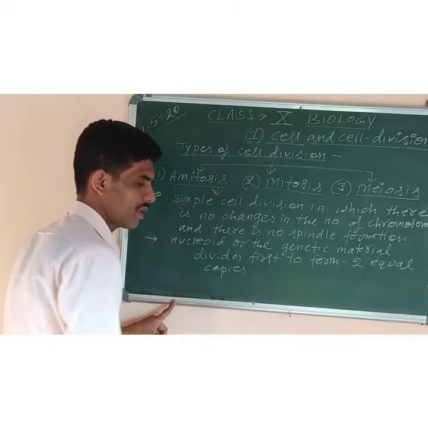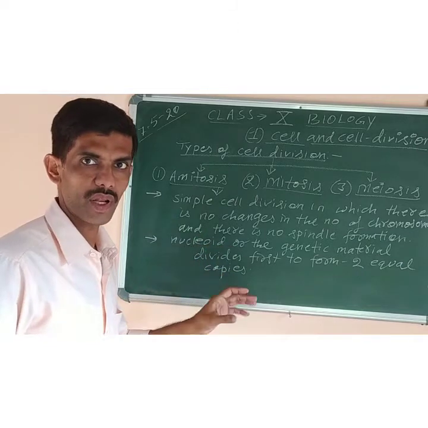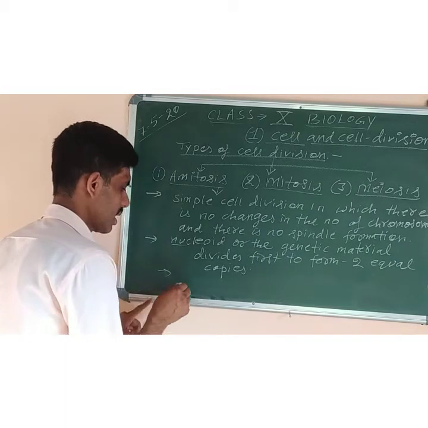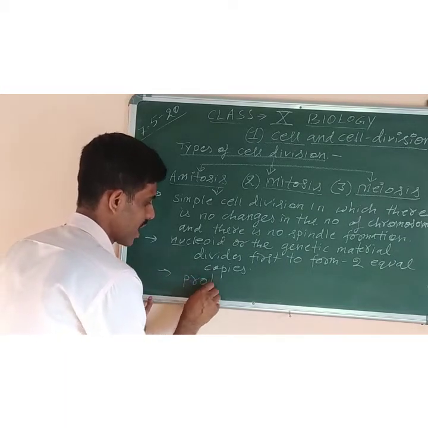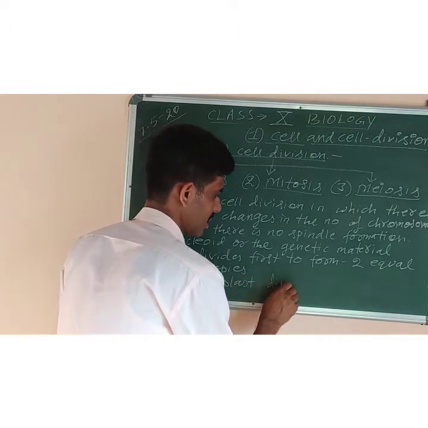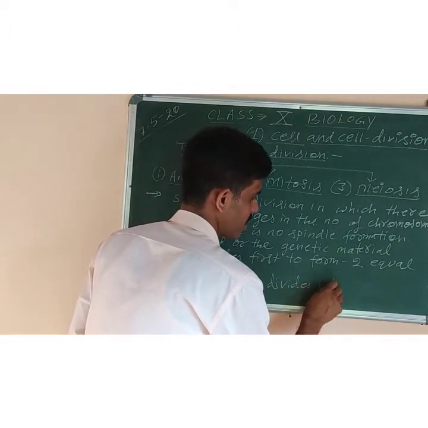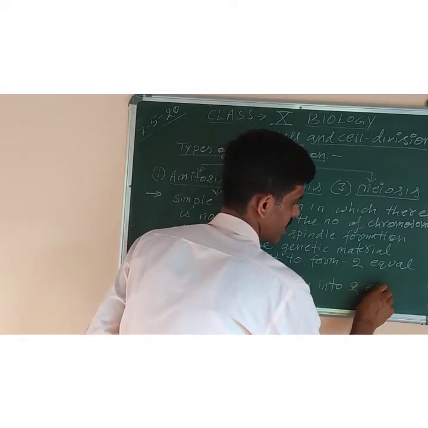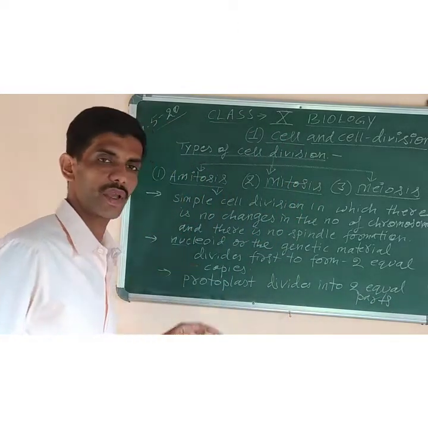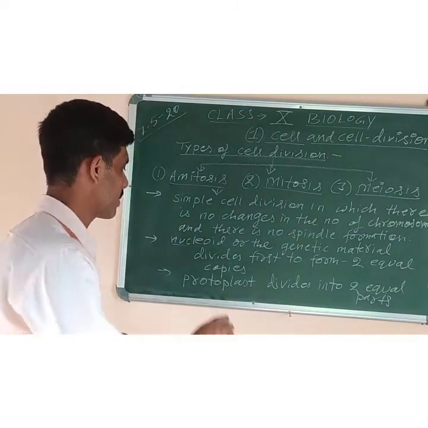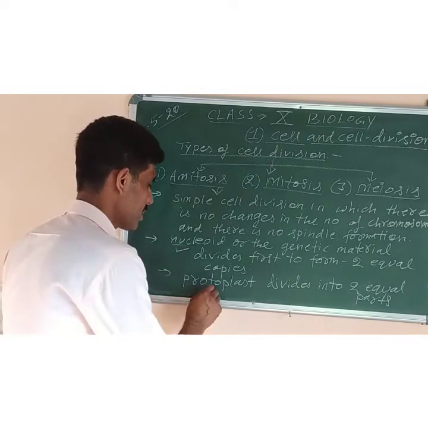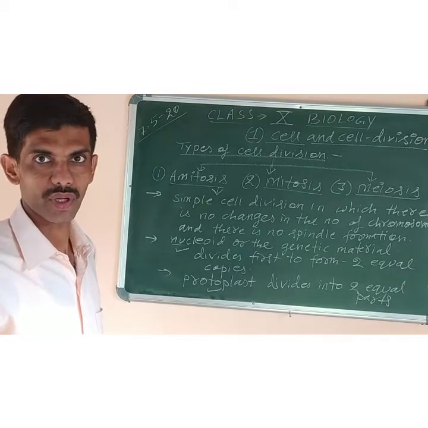Whatever genetic material is there in the parent cell will equally divide into both the daughter cells. So first nucleus division occurs, then protoplast, that is protoplasm, divides into two equal parts. That is called division of cytoplasm. First there is division of genetic material, that is nucleus, that is called karyokinesis. After that protoplasm, that is cytoplasm, also divides.